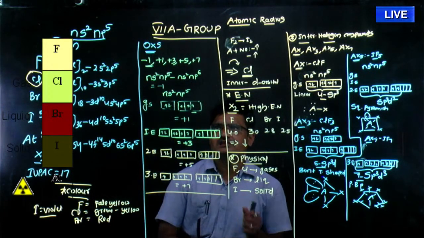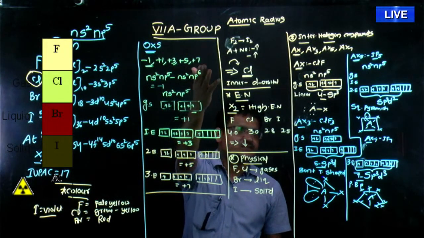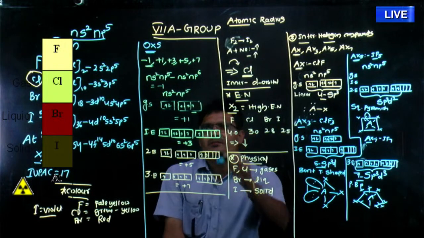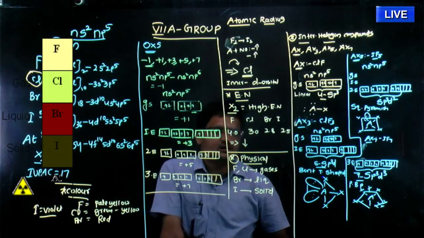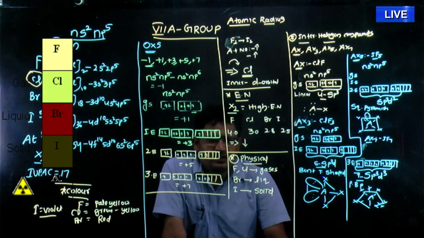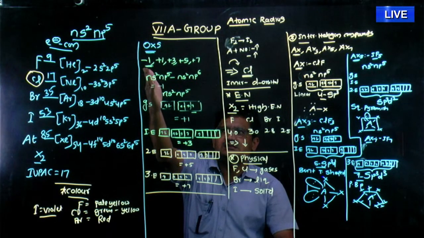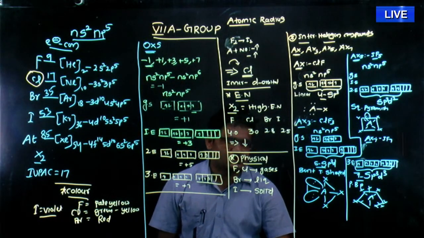Now oxidation states: its oxidation states are -1, +1, +3, +5, +7. The -1 is called the common oxidation state. This common oxidation state depends upon the zero group element electronic configuration.